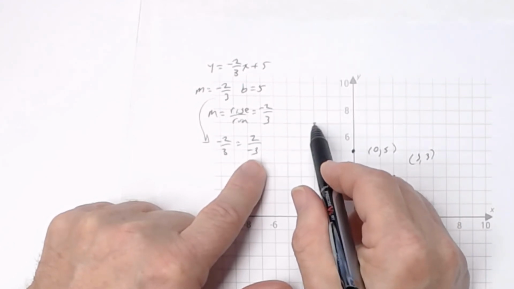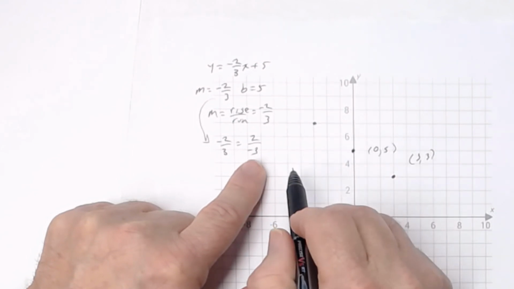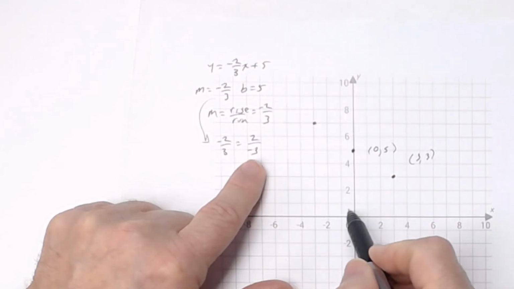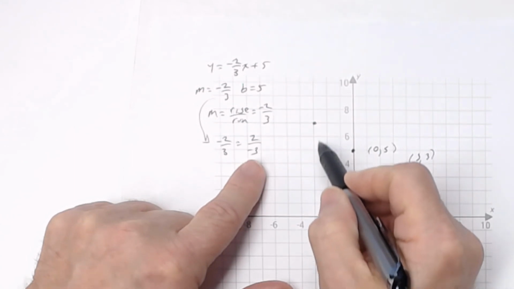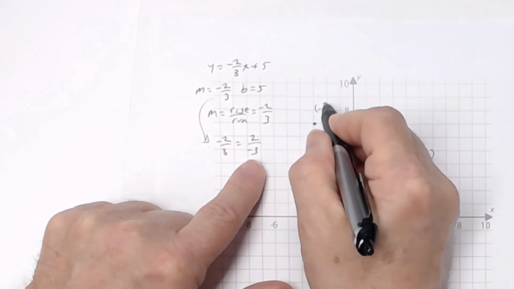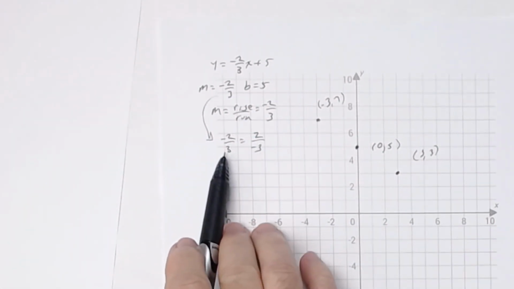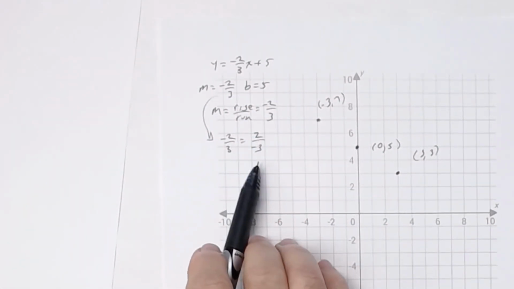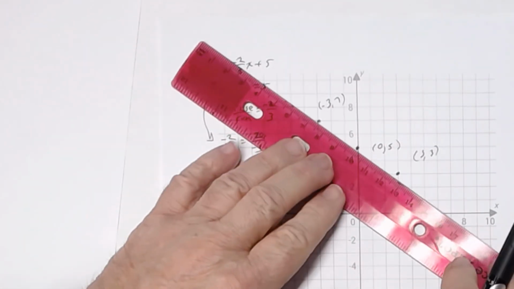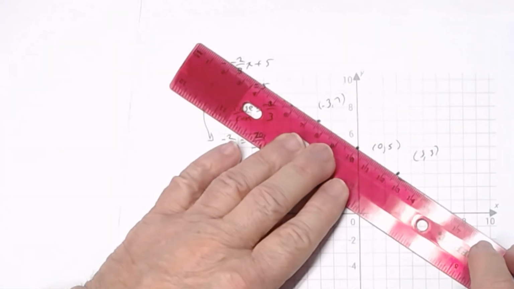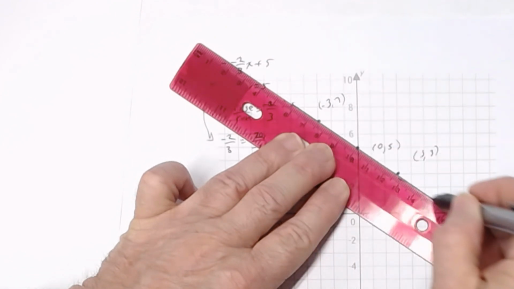And notice another point on that line is going to be negative 3, and that's 7. So (-3, 7). And so notice that it did not matter whether you use negative 2 divided by 3 or 2 divided by negative 3, you get the same line. Does not matter. You get something like this.